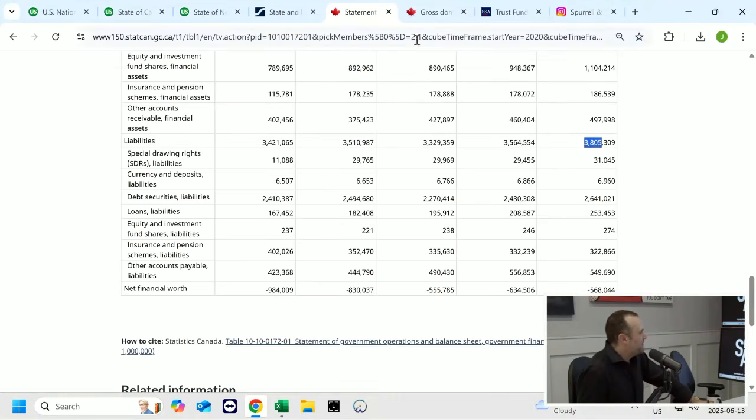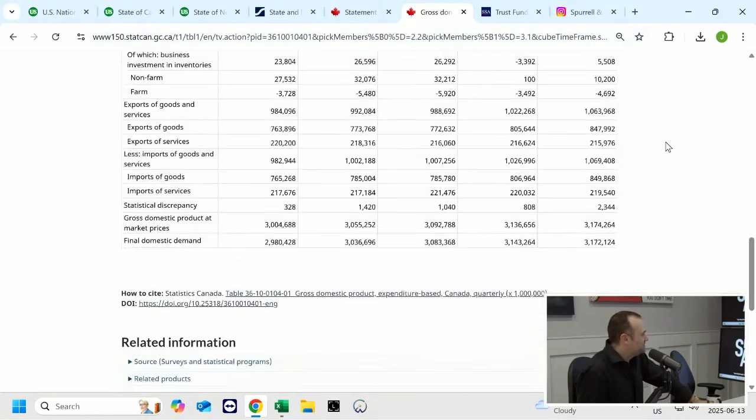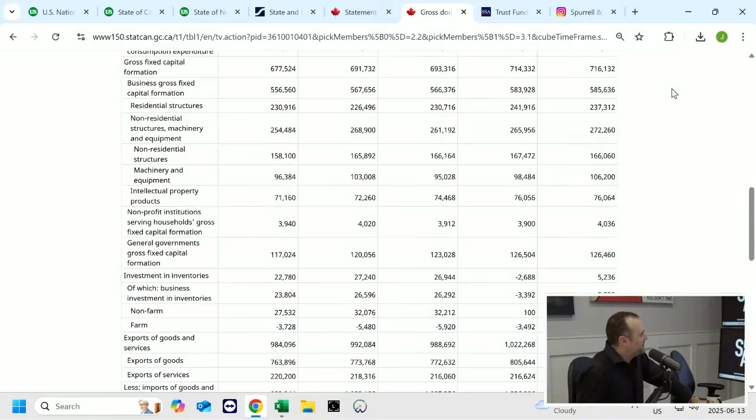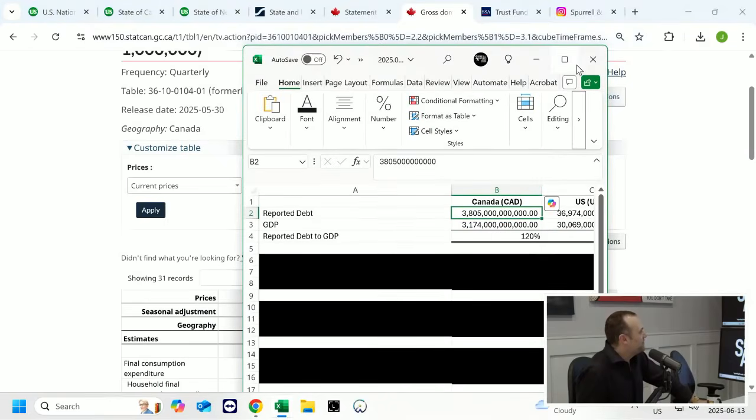And our GDP, again on the StatsCan website, I took this one, 3,174 billion. Here's the GDP. A little offset in the time period, because that's Q1 and the debt's on 2024, but it's going to be a percentage point immaterial. Okay. That's where you're getting it.